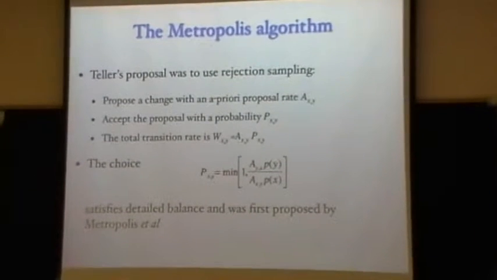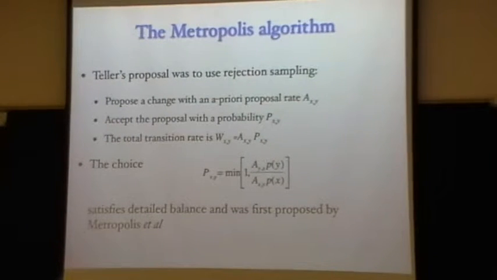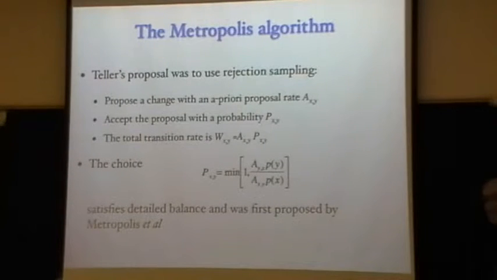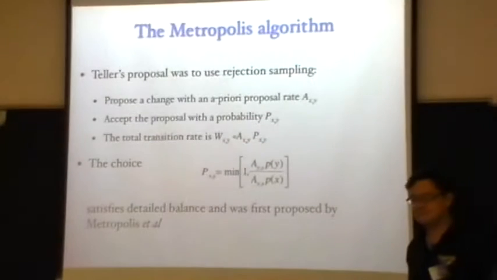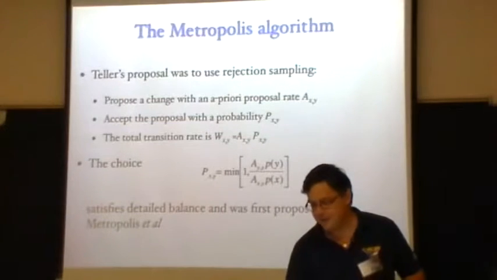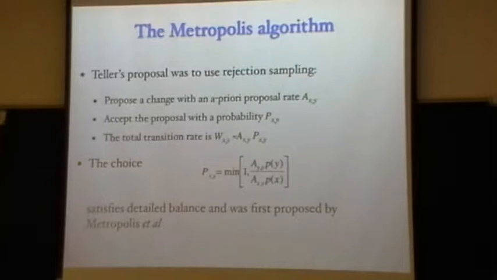That this satisfies detailed balance is something I leave to you as homework until the afternoon. It's a very simple calculation that you should do by hand. It takes just a minute. Please do that over lunch and the coffee break. It's easy, but then you see that it works. And that way we now have an algorithm that works for any physical classical system as long as we can calculate the ratio of the weights.